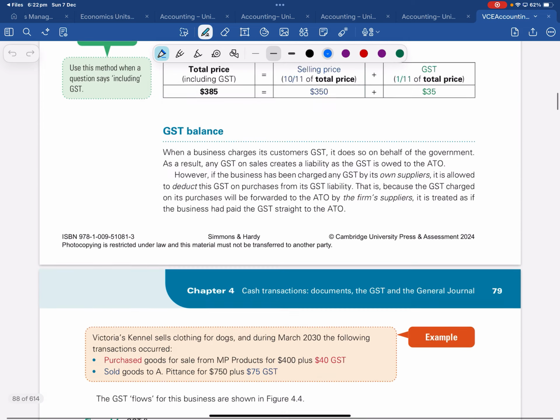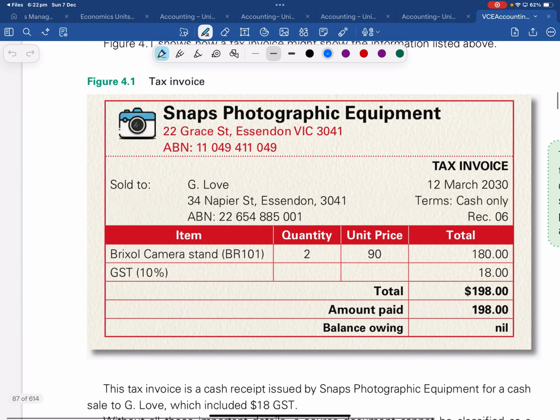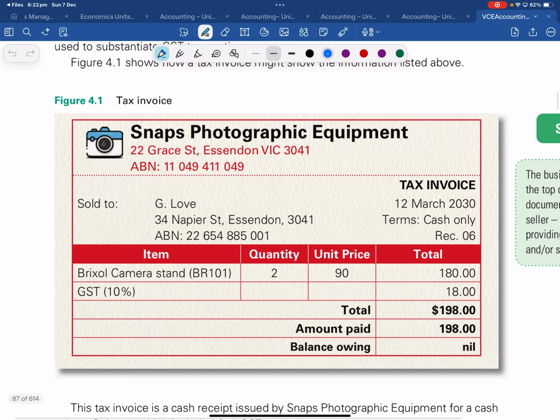Okay, what you said, JD. You said we don't know what the business is. Let's say we are doing it for Snap Photography. What is it? That's a receipt, because they have received the money. So Snap has received the money. Otherwise, if we were the customer, sold to G-Love, then that is also a receipt, because they have paid the money and received the receipt.